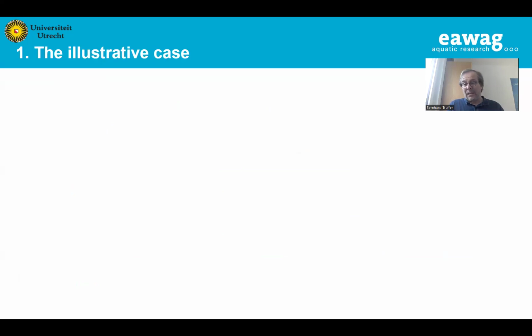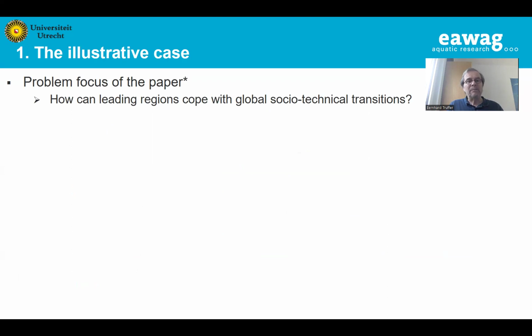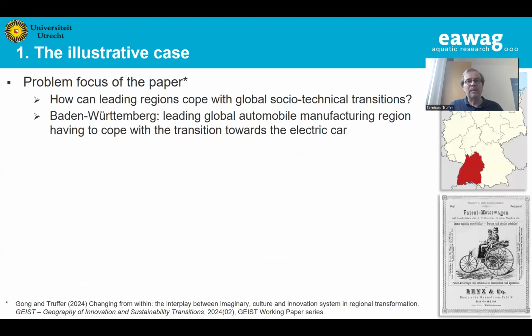The case that I use as an illustration builds on a paper written by Huiben Gong and myself about a globally leading industrial region in a specific sector, and how it copes with challenges that come from socio-technical transitions.